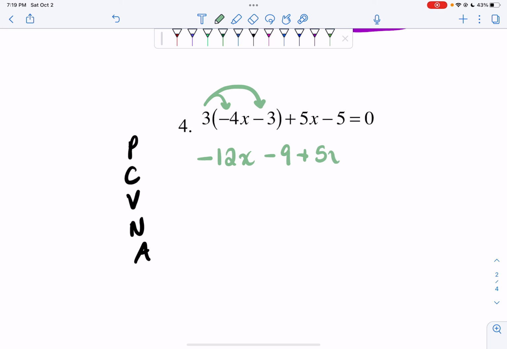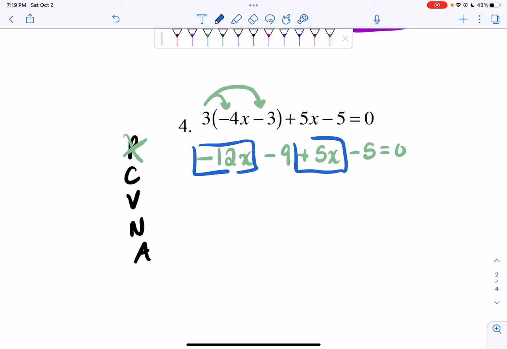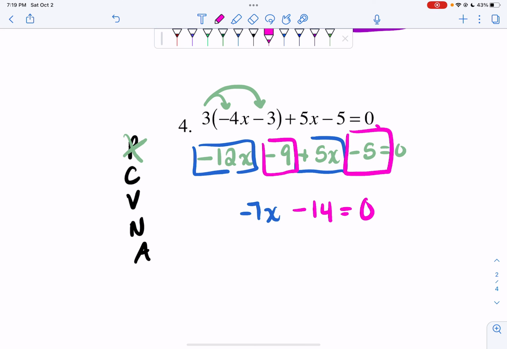And then I have plus 5x minus 5 equals 0. Parentheses gone. Combine your like terms. Negative 12x and 5x is going to give me a negative 7x. Negative 9 and negative 5 will give me a minus 14, and that's equal to 0.